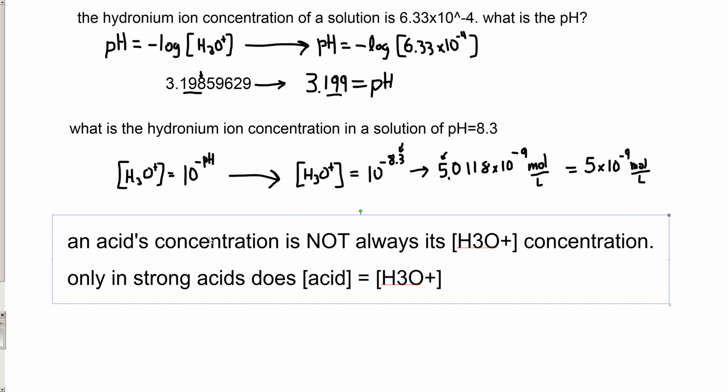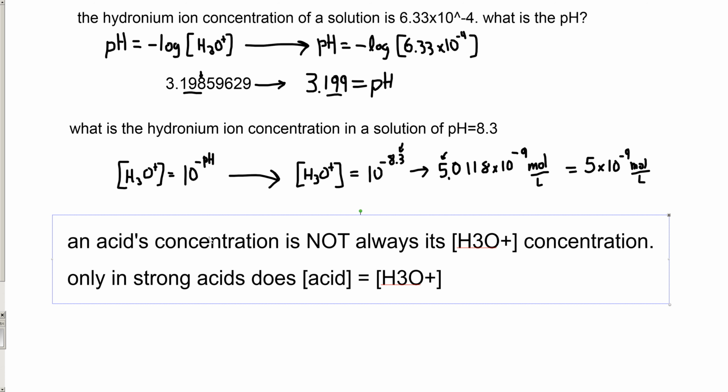If you make a solution of 0.2 moles per liter of HCl, you will have 0.2 moles per liter of H3O. And the reason why has to do with the strength of the acids.